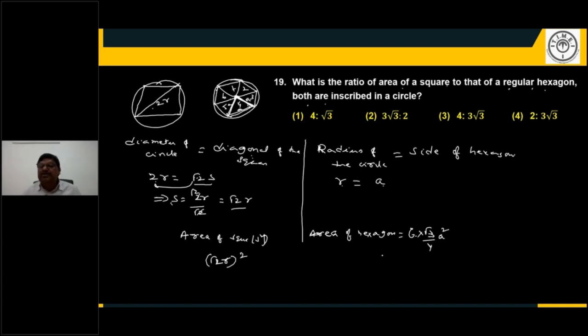That's why the formula is 6 into root 3 by 4 a squared. A is nothing but R, so it is R squared.